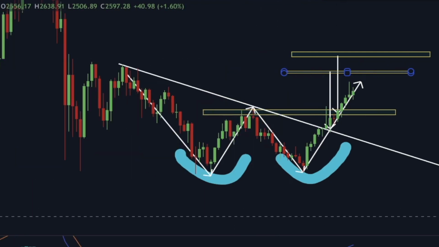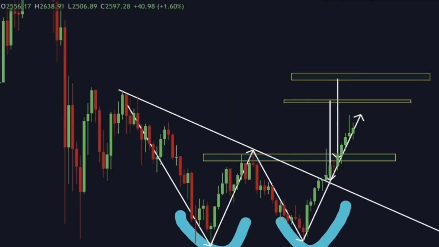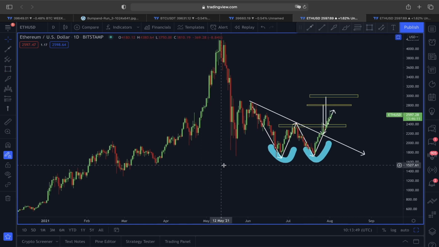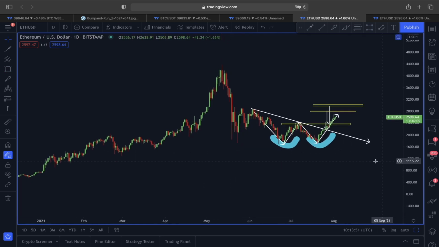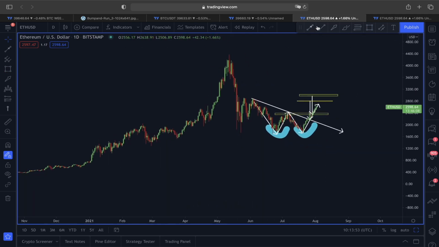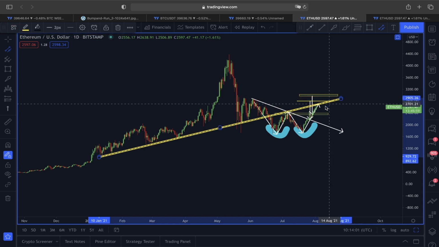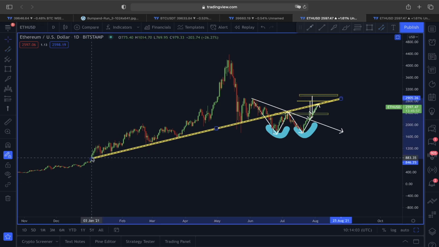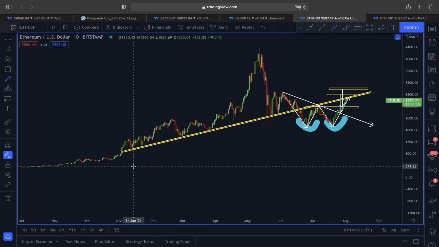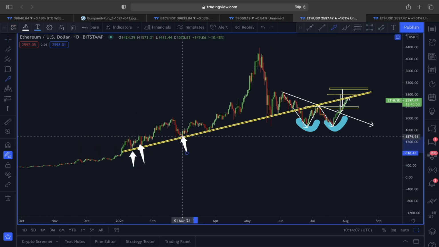But right now, if you look at this price structure carefully, we are also approaching one very important line of resistance for Ethereum. This line here was a very important line of support for Ethereum, which was also showing us the possible trend direction.